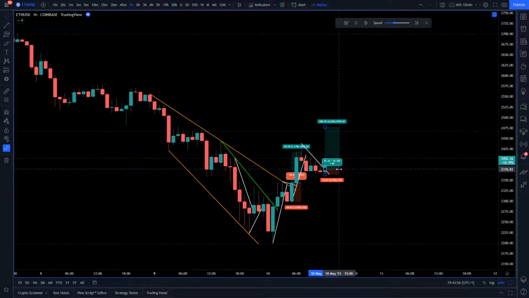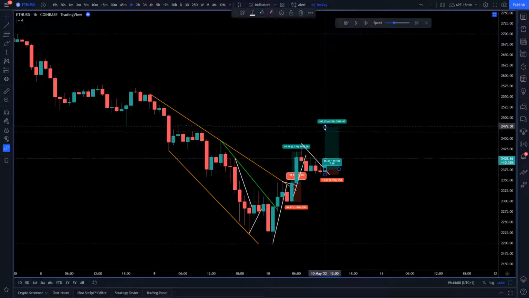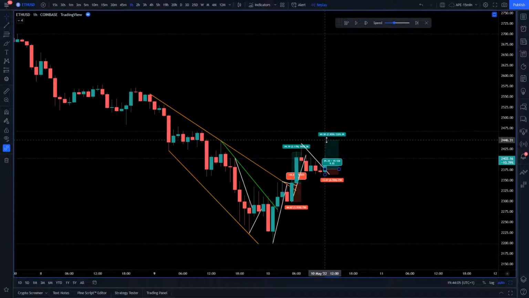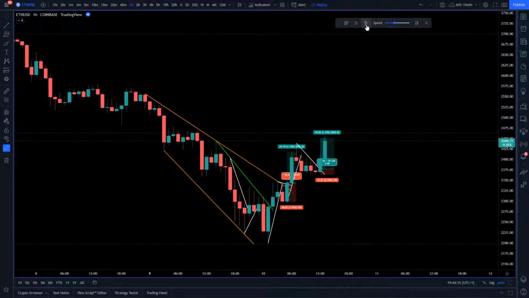In live trading, it shouldn't move so quickly on the 1 hour chart. Just now we have our take profit around this region. So let's put it there. Yep, we hit take profit. So we exit our trade.